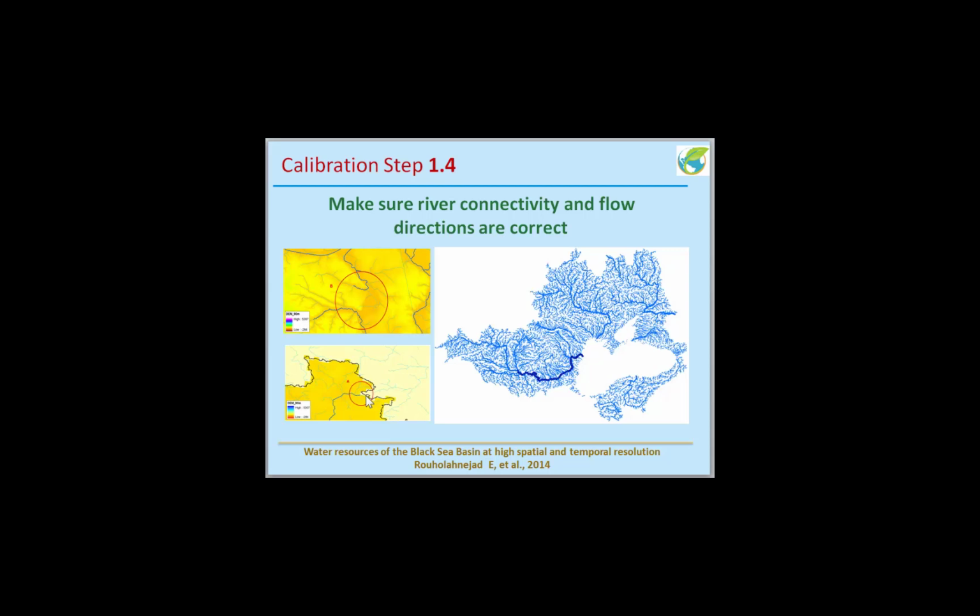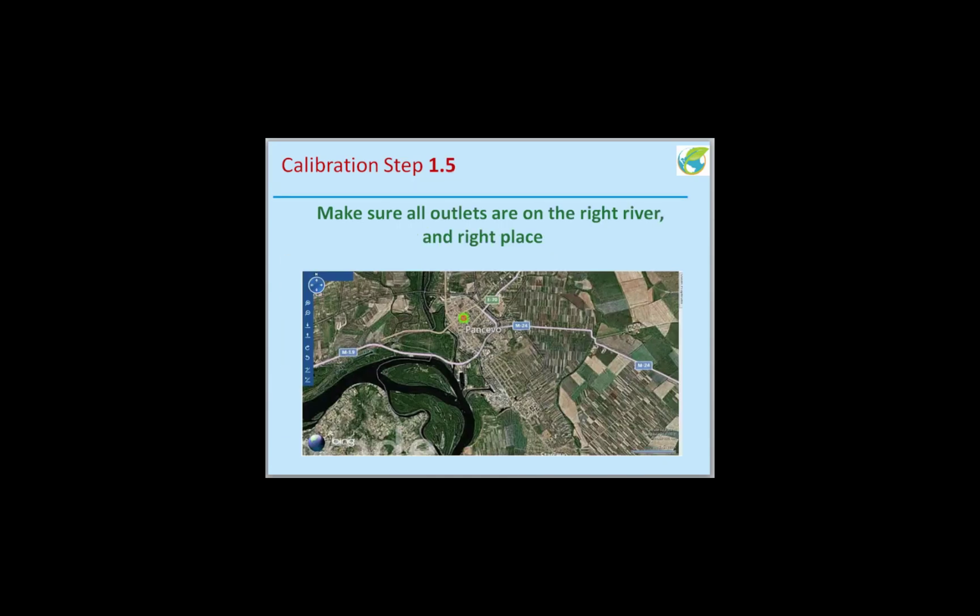A good way to check this is to plot the flow path or the flow direction map. I will show you later how to generate this map. This tells you if flow direction is correct or not. See the paper below also for more discussion on this.